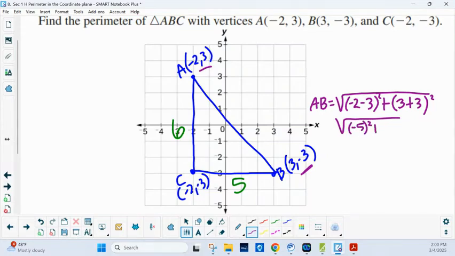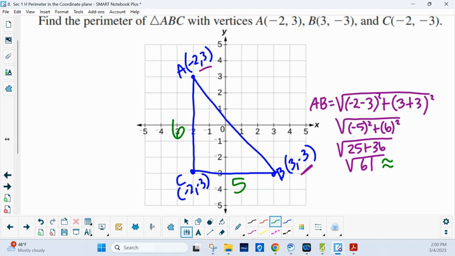So -2 minus 3. What do we get? -5, 3 plus 3, 6, square them, it's -5 squared, 25, 6 squared, 36, so 25 and 36 is 61. And we'll need to know the decimal form because we've got to add up all the sides. We're not going to be keeping the radical, in the future you will, but let's get the decimal form and let's round to the nearest hundredth.